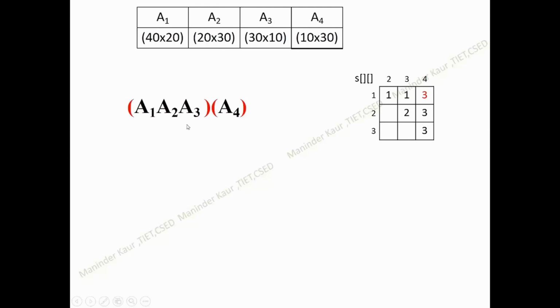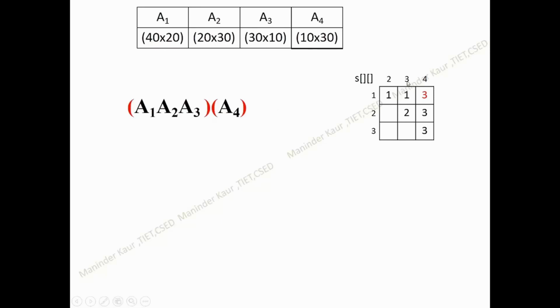Once it has been split, how do we perform the matrix multiplication, what order should be maintained for multiplying the matrices from A1 to A3? For finding the order for this chain, we look into the entry S13, because we want the splitter for the range 1 to 3. What is the value?